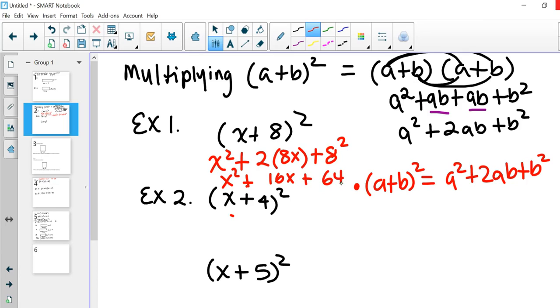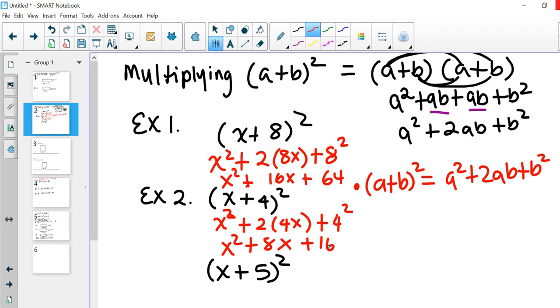Okay? Let's do another example, (x + 4) squared. So we don't have to go through multiplying it out all over again. You can automatically know that (x + 4) squared will be x squared plus double of 4x, 2 times 4x, plus 4 squared. So it will be x squared plus 8x plus 16.